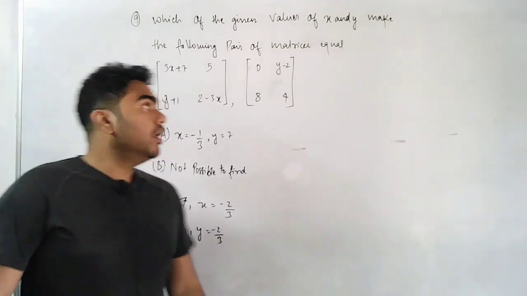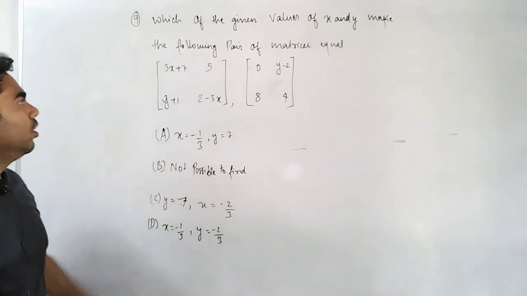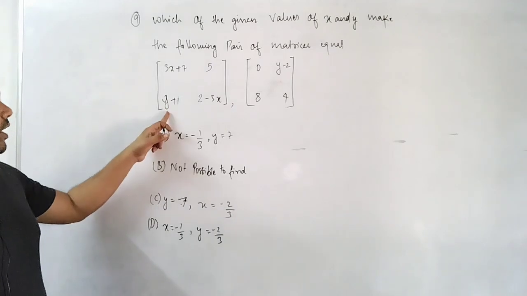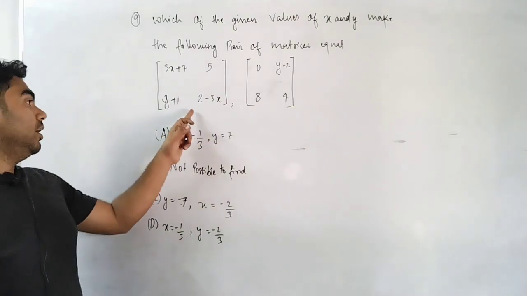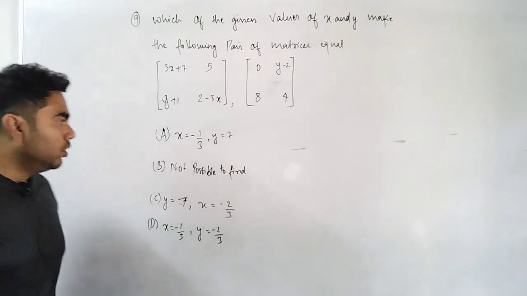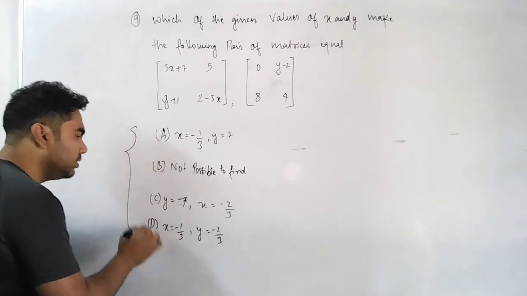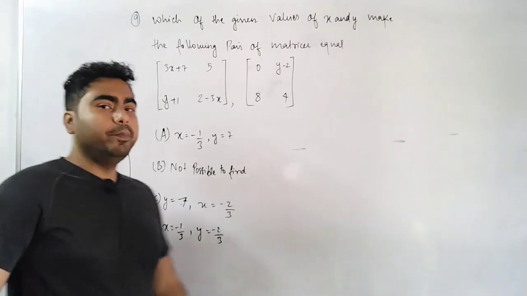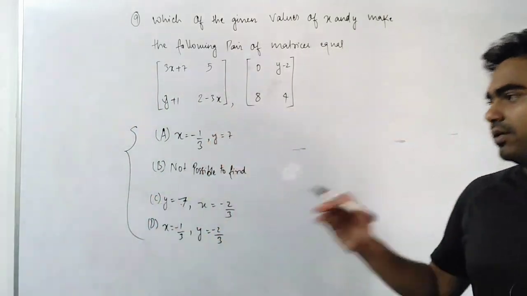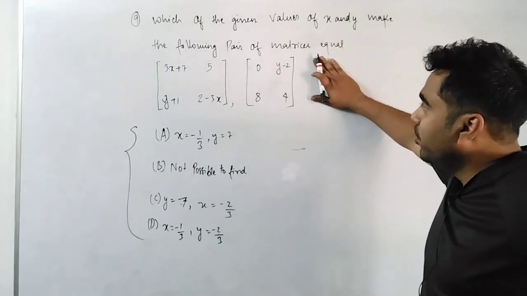So here in the first row we have 3x plus 7 equals 0.5 is equal to y minus 2. Second row, y plus 1 is equal to 8. Second row, second column, 2 minus 6 is equal to 4. Wherever you have options in mathematics, try to plug in the values provided in the options. This will help you a lot.